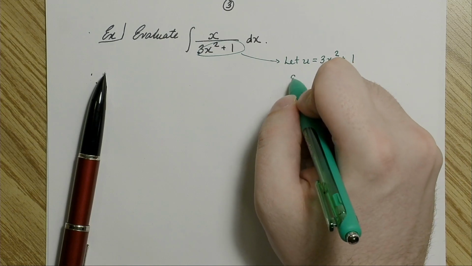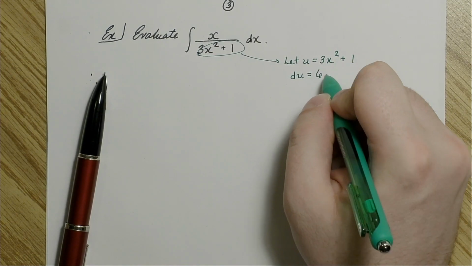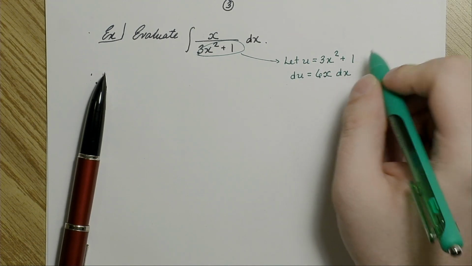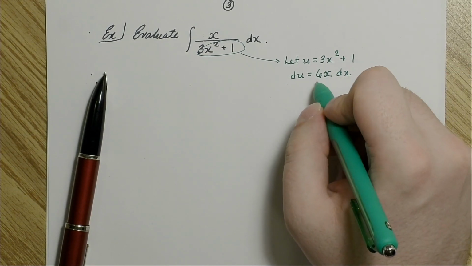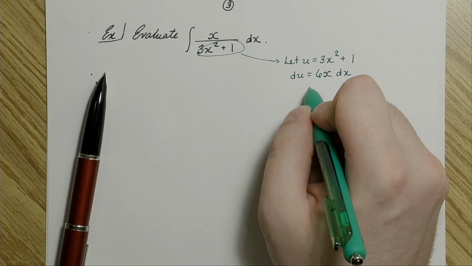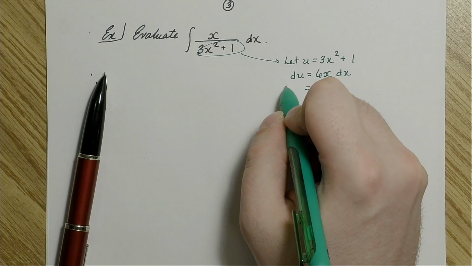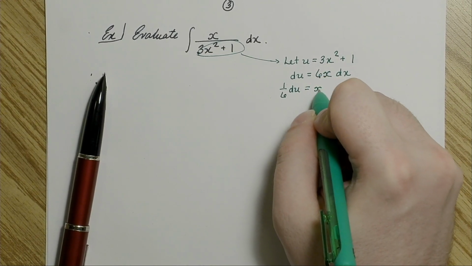And then if I took the derivative of that, what do I get? I get 6x dx. Again, the plus 1 is a constant, so I just ignore that. And let me just rearrange that so that I bring this 6 over. So I get 1 over 6 du equals x dx.